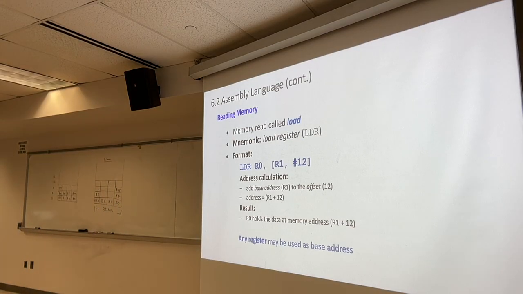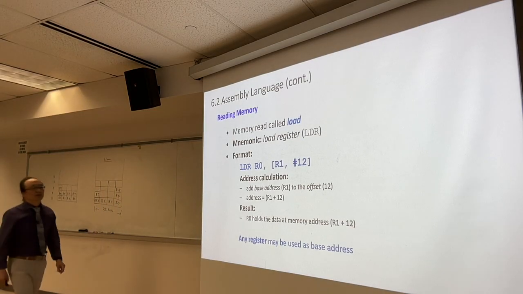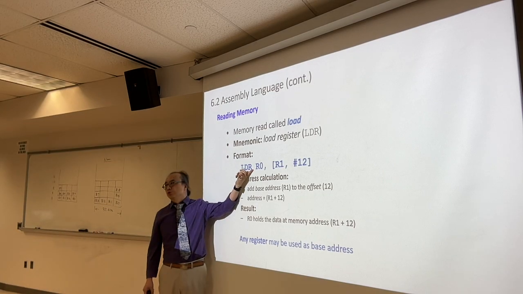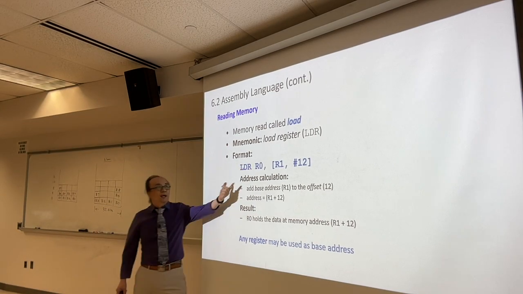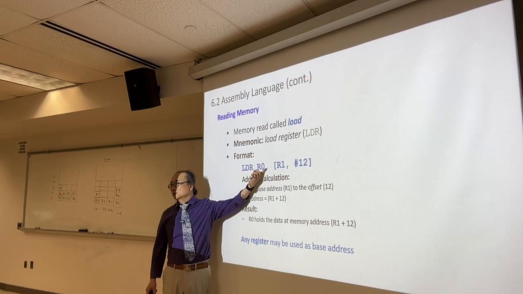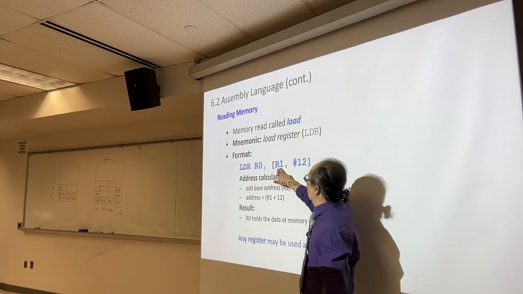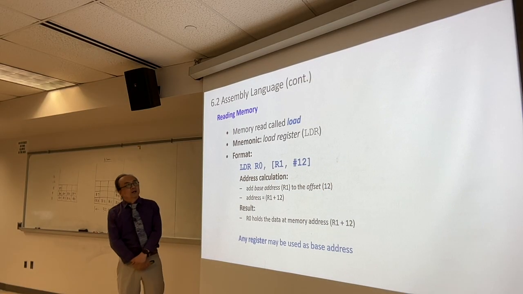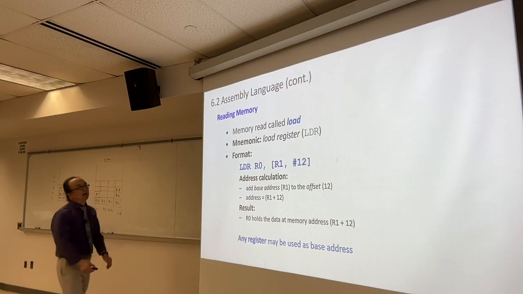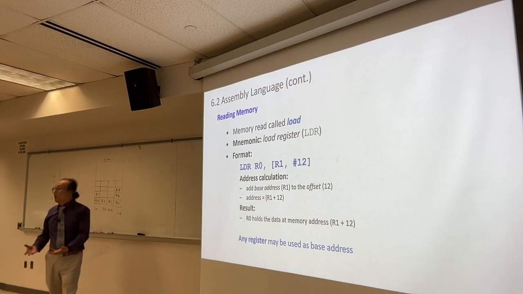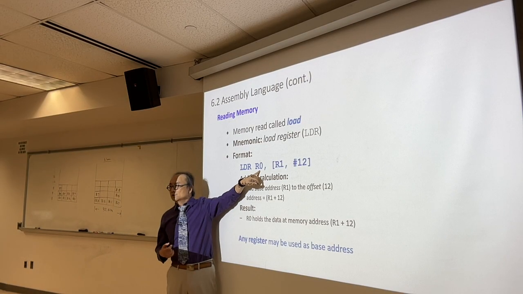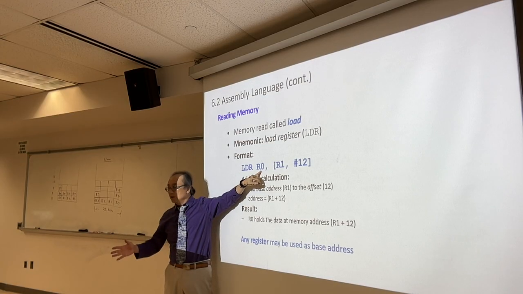First, reading memory. We're going to use LDR, and the format is R0, comma, bracket, R1, and a number. What do we do for LDR? We're going to read from memory. The first register is our destination register.